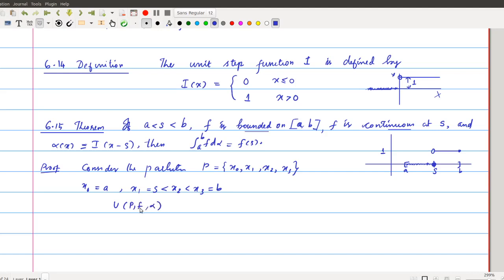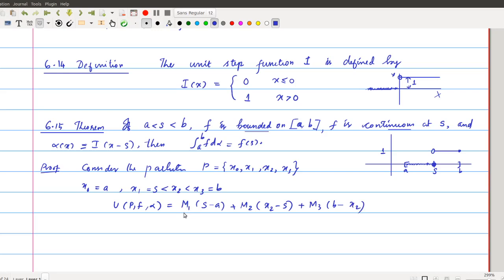This is the sum of m1 times x1 minus a, that is s minus a, plus m2 times x2 minus s, plus m3 times b minus x2. So this is the upper sum.